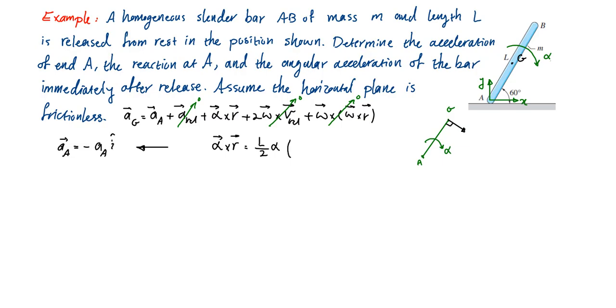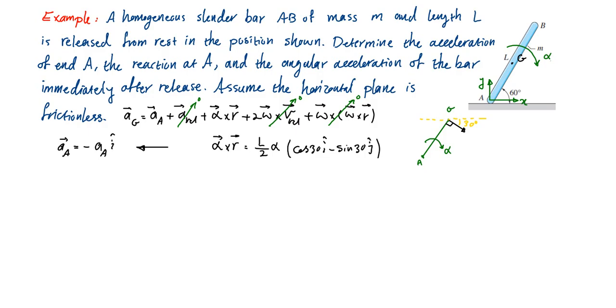So knowing that, if I put the horizontal line there, this angle is 30 degrees, since I know the angle the bar creates with the horizontal surface. This becomes cosine 30 i minus sine 30 j. And that's pretty much it.